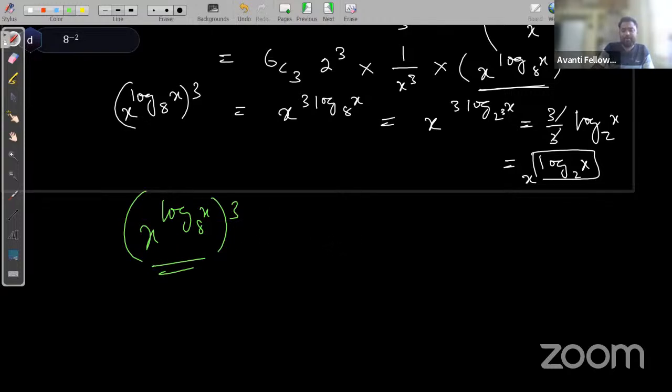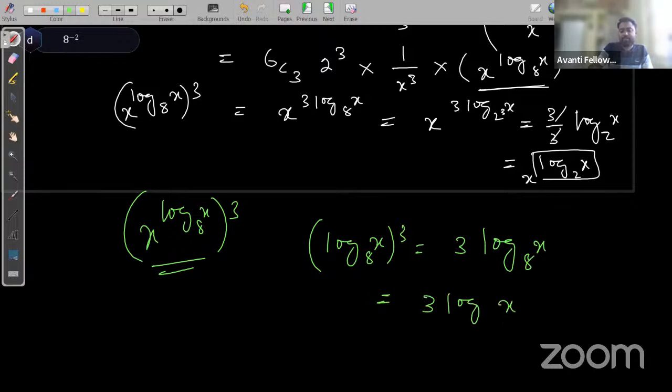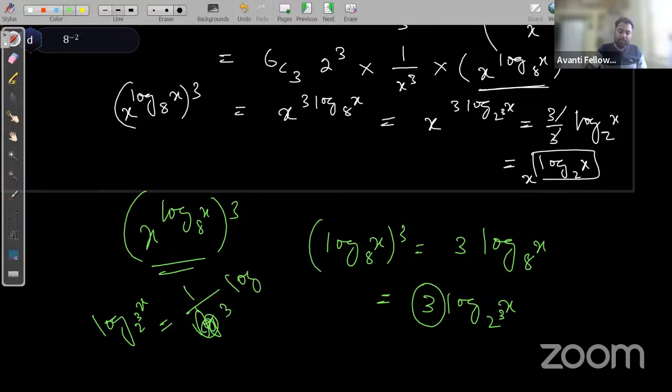So log of x to the base 8 to the power 3 can be written as 3 into log of x to the base 8, and this can be written as log of x to the base 2 to the power 3. When 3 is multiplied here, if you only have log of x to the base 2 to the power 3, then you can write this as 1 upon 3 into log of x to the base 2.